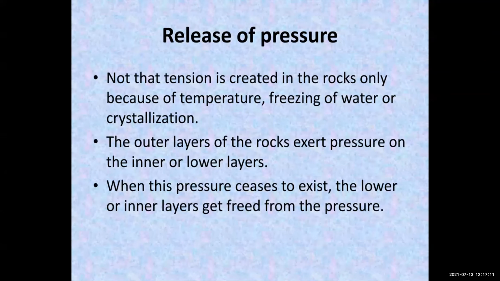If you keep a heavy box on the sofa for 1 month or 2 months, after that, you see the sofa gets compressed. Earlier the sofa is very spongy, the size is very big. After 2 or 3 months, if you remove the heavy box, you are able to see the sofa is compressed, the inner layer is affected.